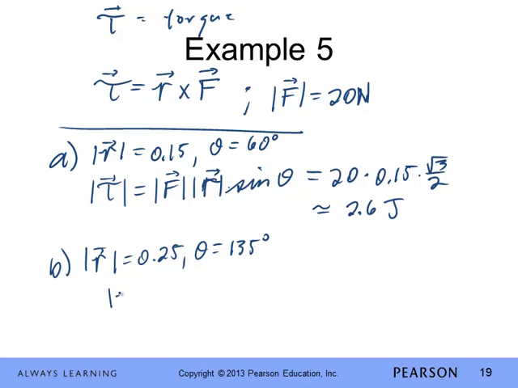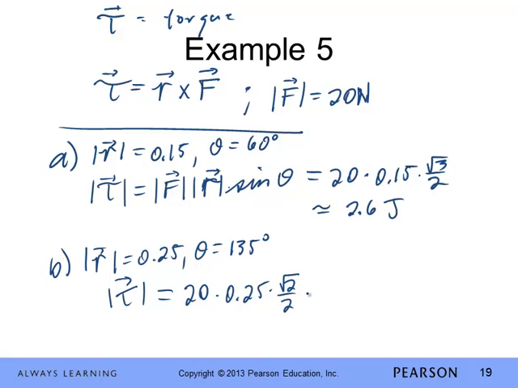So the magnitude of the torque is going to be magnitude F, which is still 20, times magnitude R, which is 0.25, times the sine of 135 degrees, which is square root of 2 over 2, or 1 over root 2, same thing.